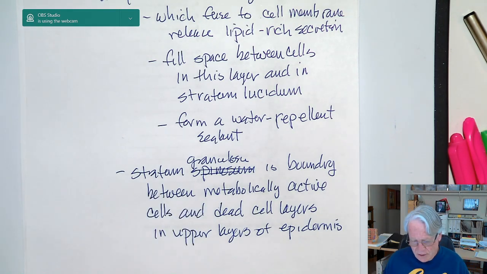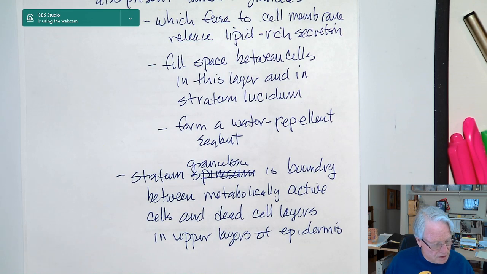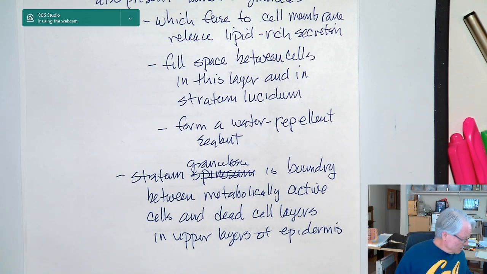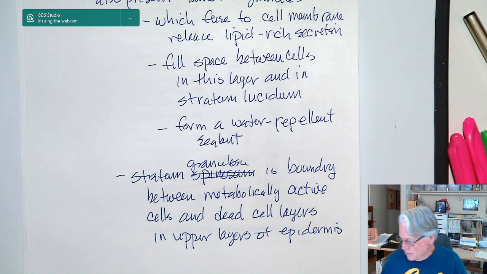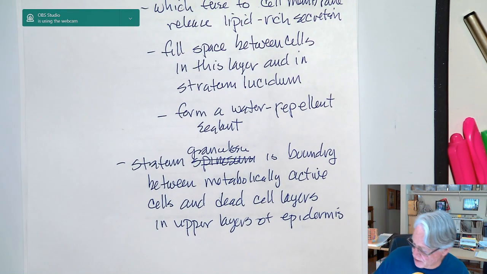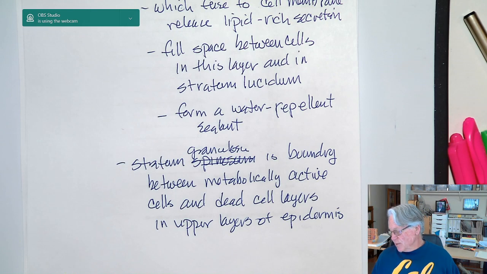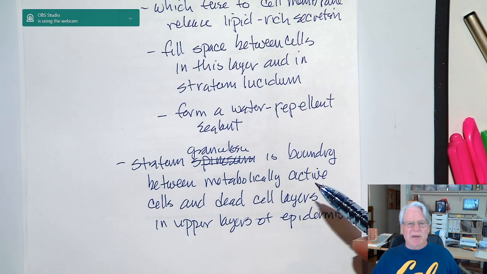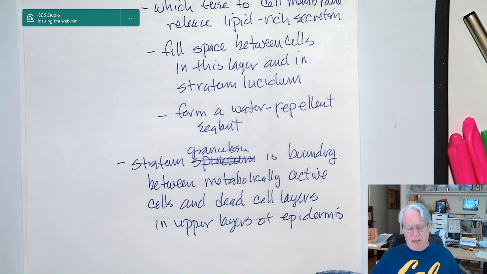Yeah. So I screwed up here, didn't I? No, I don't think I did. Yeah, I didn't. Never mind. Pretend like I didn't do anything. So the stratum granulosum is at the boundary between the metabolically active cells below it and the dead cell layers above it.